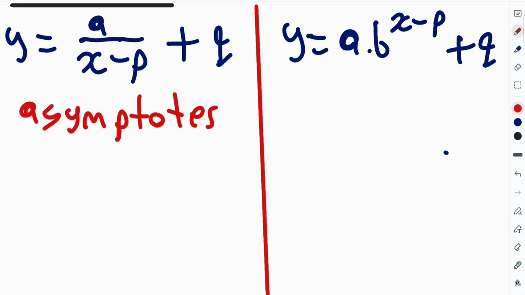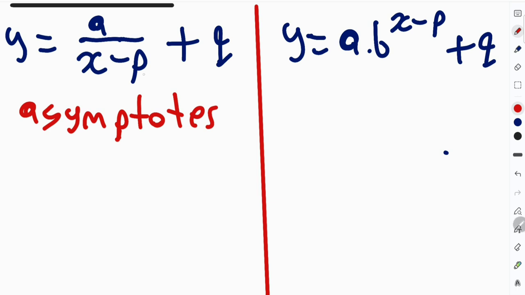Now when you talk about an asymptote, we talk about the line that your graph gets closer to but does not reach. Your graph will get closer to that line, but it will not touch that line. So think of an asymptote as a boundary that your graph approaches but does not touch.